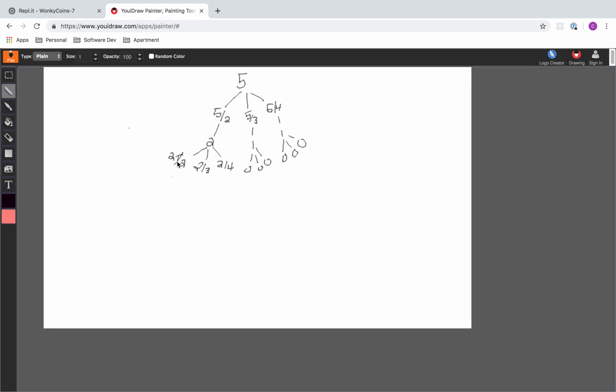And then 2 over 2 is going to be 1, and 2 over 3 is going to be equal to 0, and 2 over 4 is also going to be equal to 0. And then this is 1, remember 1, we have 3 again.